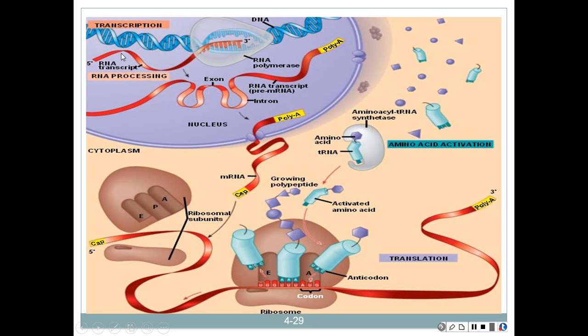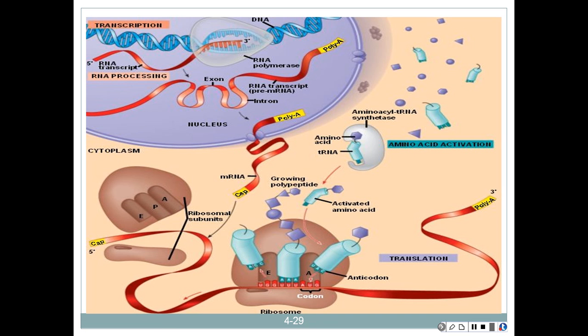So it's going to splice it here, called alternative splicing. And then they're going to splice together the exons. It's going to splice it here, and these exon portions will combine together to form what will be leaving to the cytoplasm.